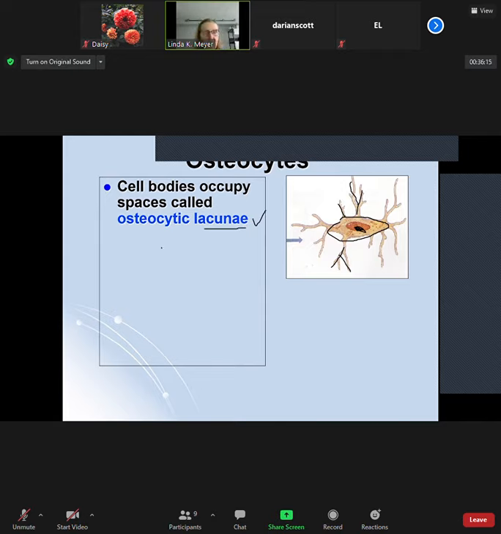Okay, so their cell bodies occupy spaces called osteocytic lacunae. When you translate that word, it means like a little lake. So just think it's a little space where the cell body is found. All around them, everything else is mineralized, but they're just trapped inside that lacuna.